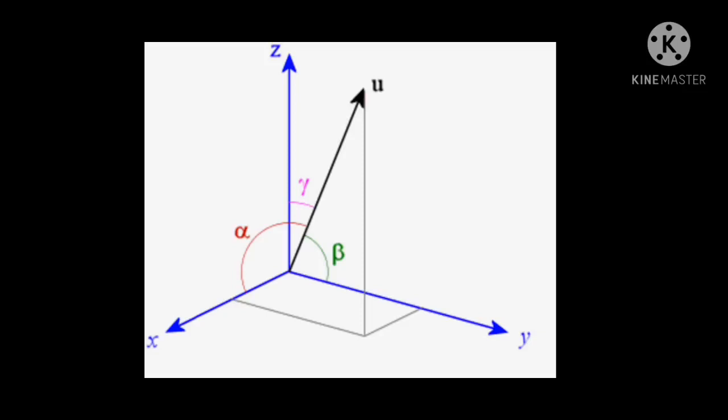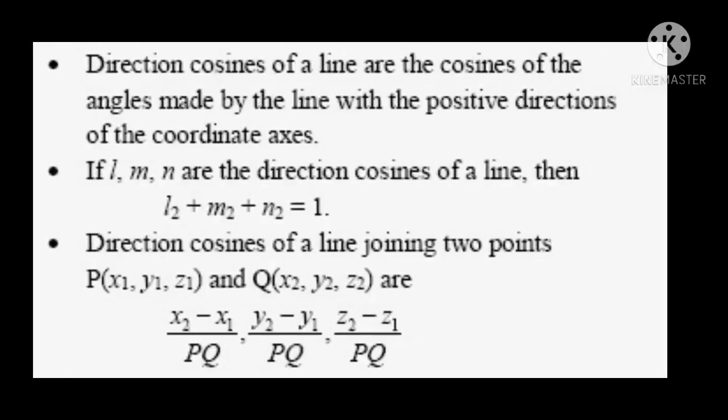Similarly this forms different angles, so it will also form different cosines, because cos alpha, cos beta, cos gamma may have different values. It is only said here that direction cosines of a line are the cosines of the angles made by the line with the positive directions of the coordinate axes.